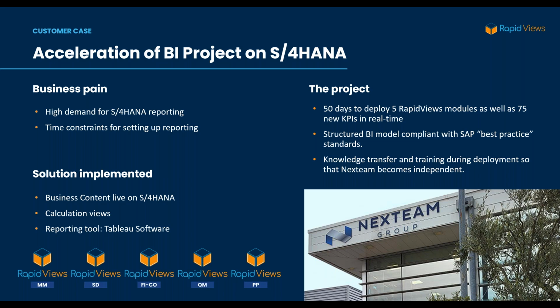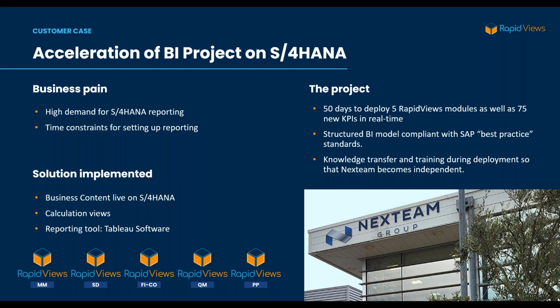Next, a French company. They are using S/4HANA. At the end of the S/4HANA implementation, they wanted to very quickly replug all their reports. They wanted to build about 75 new KPIs.